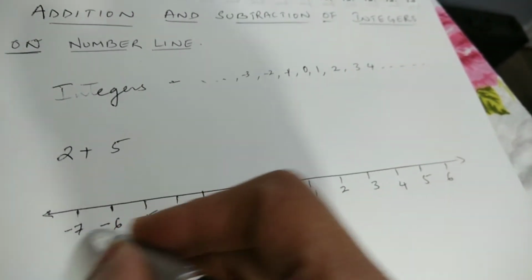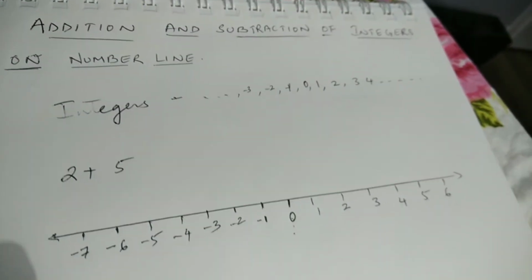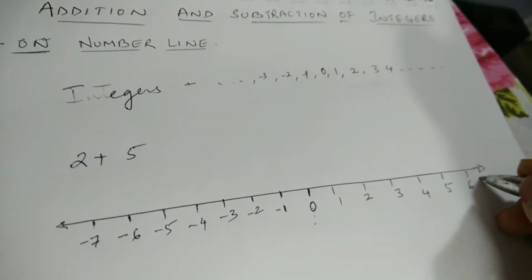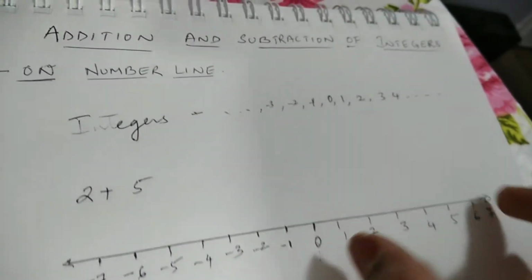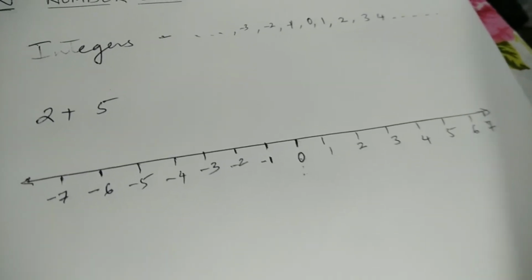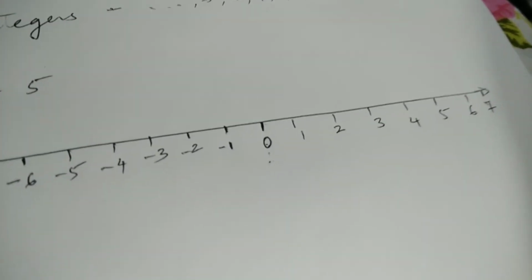Generally we should have the same numbers on both sides, like if it is 7 on this side, but it's not compulsory every time. It depends upon the question we have.